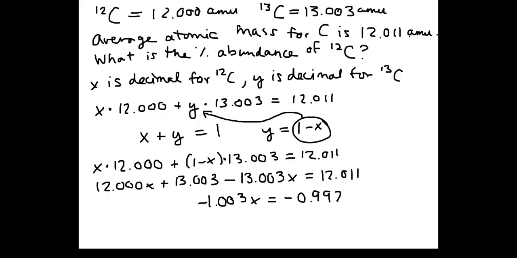When you solve for x, you get x equals 0.989 because we have 3 sig figs. What does this mean? It's a percent of what? So that's a decimal of what?